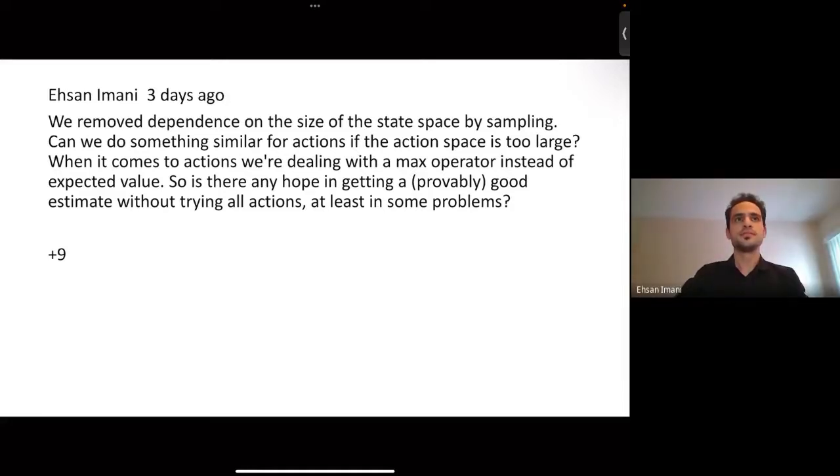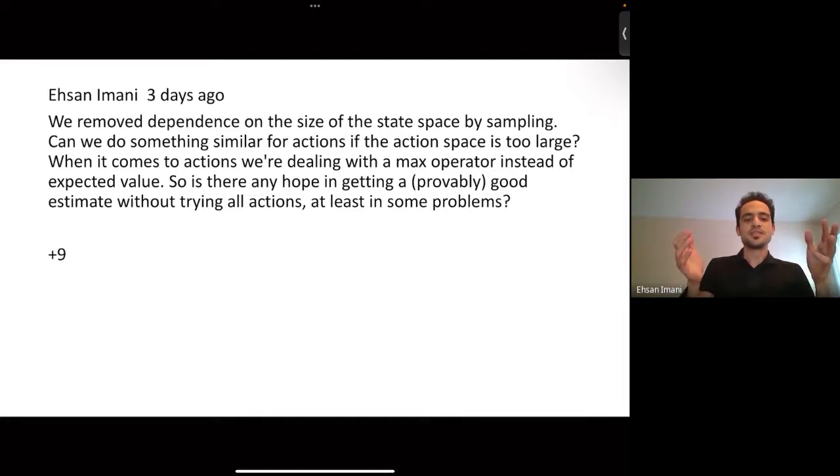Yeah, so when we sample a few states, by sampling a few states we didn't have to worry about computation that would grow with the size of the state space, and only those few states would be considered in the computation.